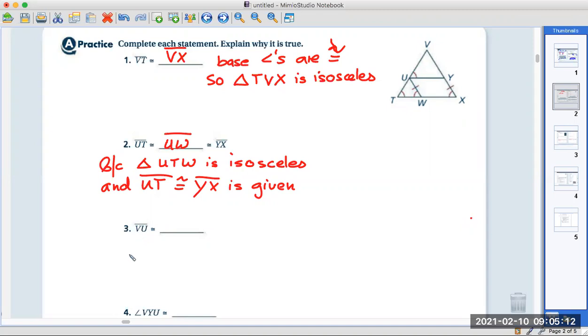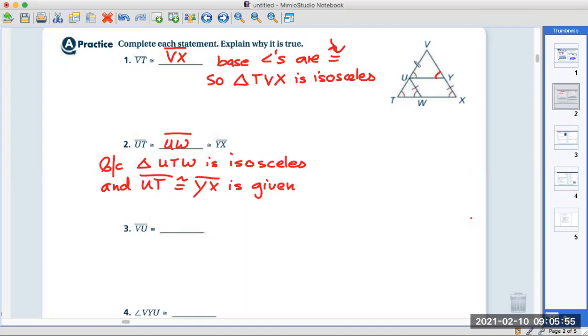Number 3, VU, let me look where VU is. Oh, okay. Notice there's no base angle given, but because these 2 sides are equal, that makes these 2 lines here, and these angles are equal, that those are alternate. No, I can't say that. These 2 angles are corresponding. So if these 2 lines are parallel, we got 2 parallel sides here, and those 2 angles are corresponding and they're equal. So now I have established that this angle and this angle are the base angles of this triangle.